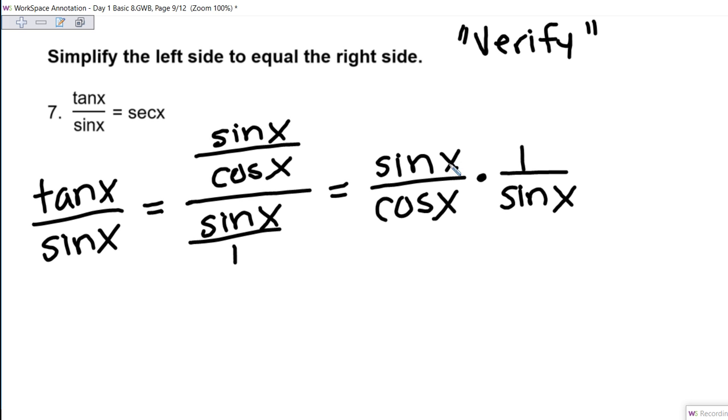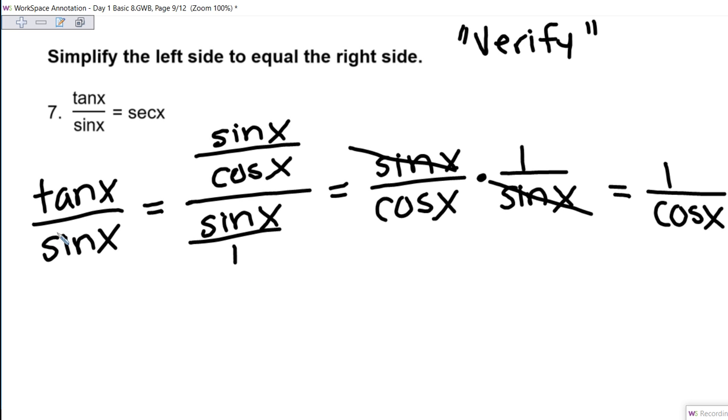What do you notice? Yeah, sine of x in the numerator will cancel with sine of x in the denominator, and that leaves me with 1 over cosine of x, and 1 over cosine of x is equal to secant of x, and that's the right side.